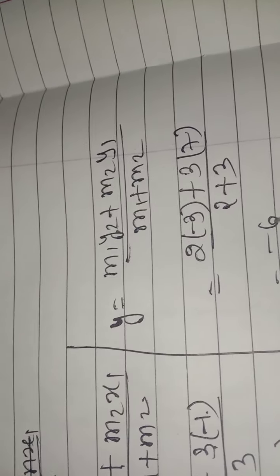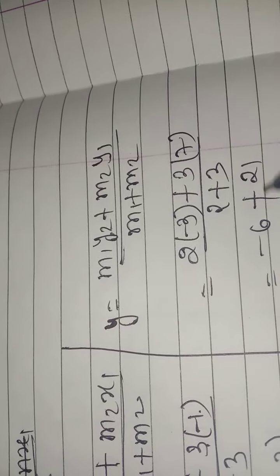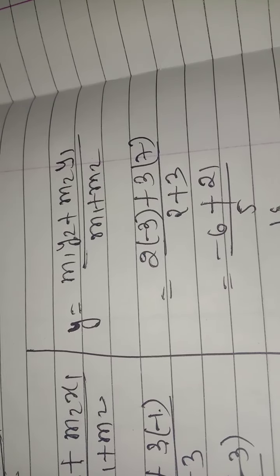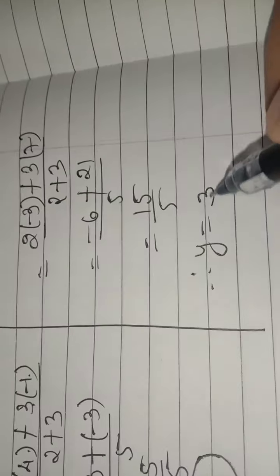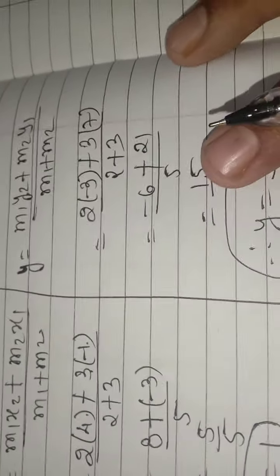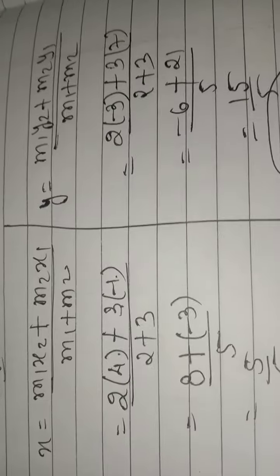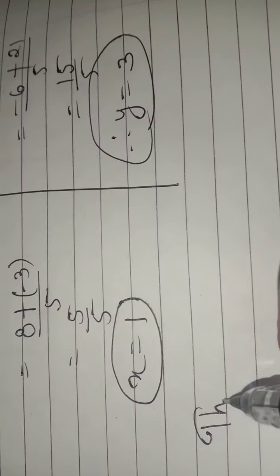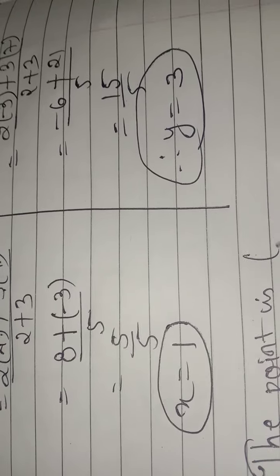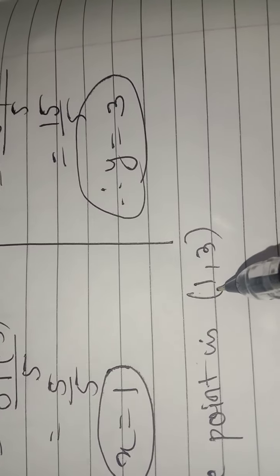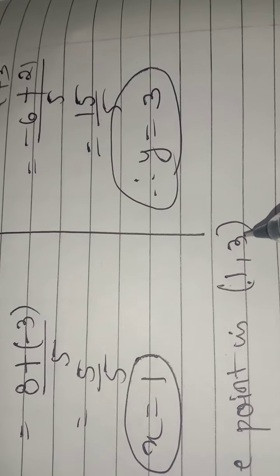So it is -6 plus 21 upon 5. So you can simply write 15 upon 5. Therefore y is equal to 3. So what is our point? The point is (1, 3). Always write the value of x first and then the value of y.